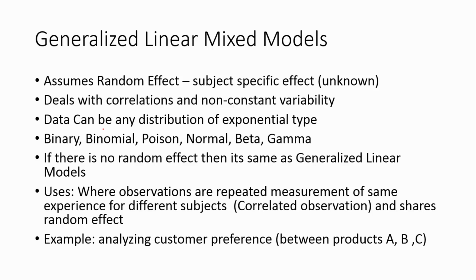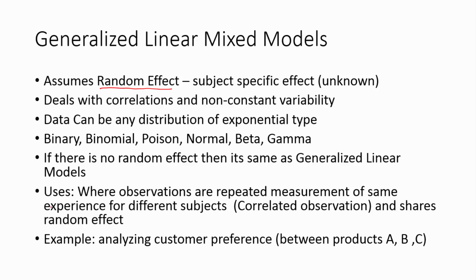In this video, I am going to discuss what generalized linear mixed models are. Generalized linear mixed models are used when we assume that there is a random effect in our data set. Random effects are nothing but subject-specific effects on the data set.